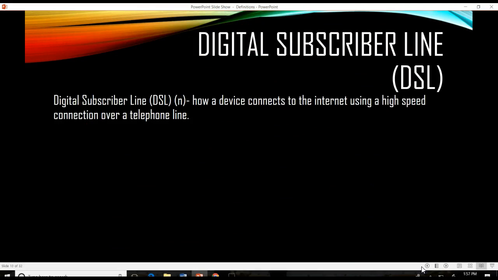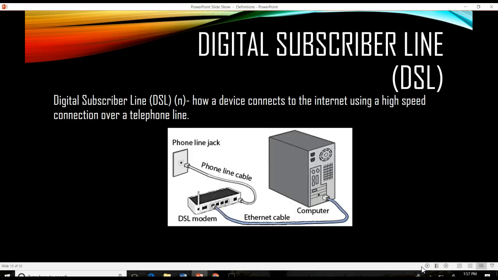We're going to move on to a digital subscriber line, DSL. Digital subscriber lines are how a device connects to the internet using a high-speed connection over a telephone line. So if you look, it's very similar to the connection that a cable modem does. You have your DSL modem, which connects you to the internet.